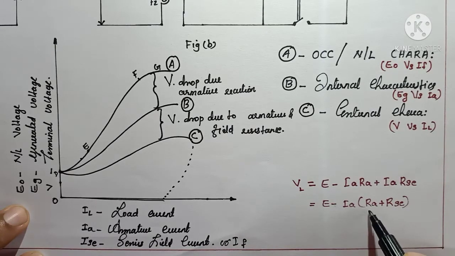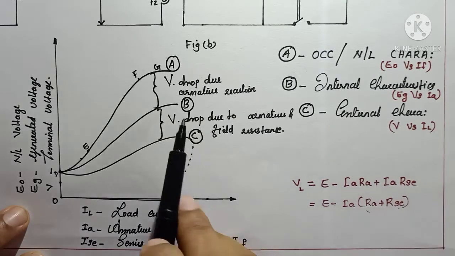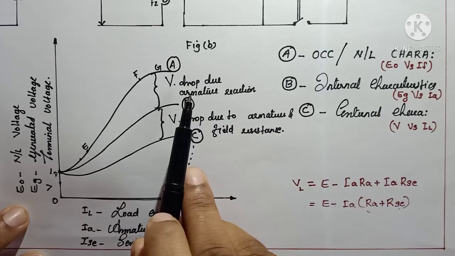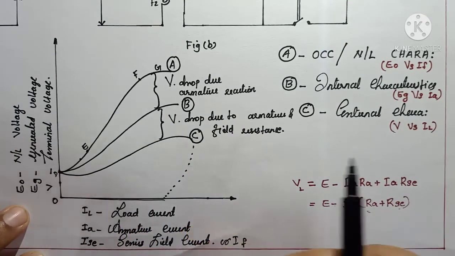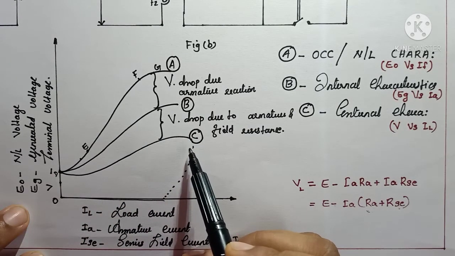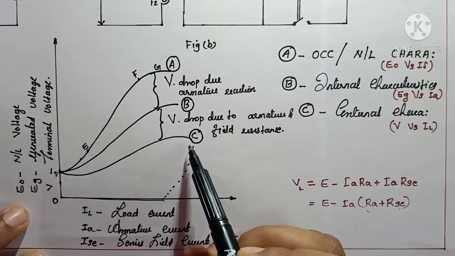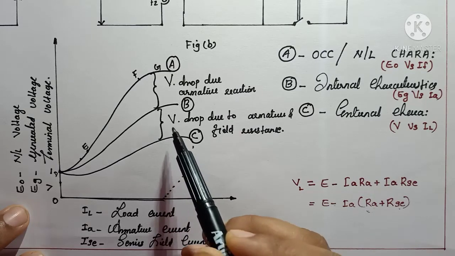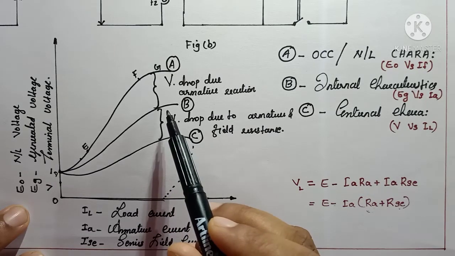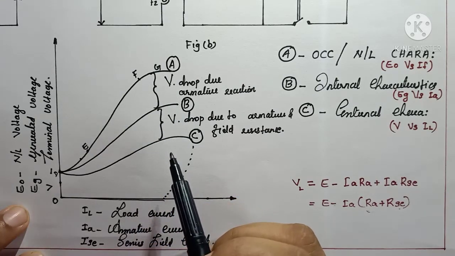So due to the resistance of both armature and series field windings, there will be some voltage drop, in addition to the voltage drop due to the armature demagnetizing effect. So the graph will be just below the internal characteristics. This external characteristics curve will be below the internal characteristics, and the internal characteristics will be just below the open circuit characteristics due to these voltage drops.